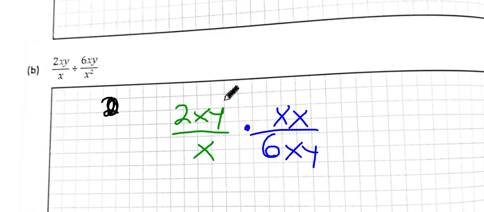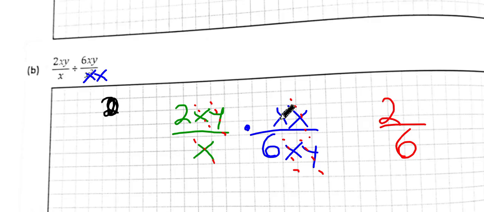I'm also changing x squared into xx. Any letter on the top can cancel any letter on the bottom. So what do you think? Gone. Agreed? What else? And this x here. What's left on the bottom? Just 6 on the bottom. What's left on top? 2 and the blue x.